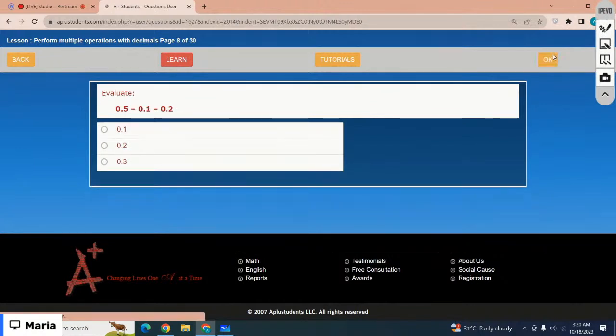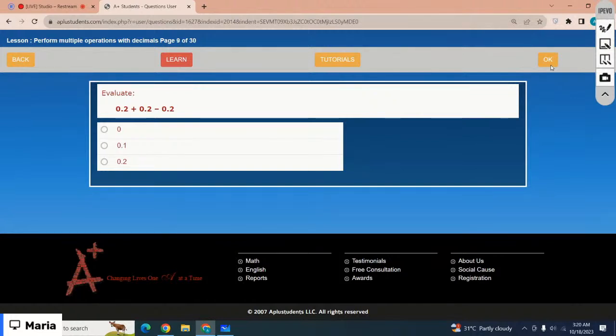Okay, the next one is evaluate, which is the correct option. When you subtract, the correct option is 0.2. They are simply subtraction. Okay, 0.2 plus 0.2 minus 0.2, which is the correct option. Now you have addition and subtraction in the same question, right? They both have same order, so you can go from left to right. First you perform the addition and then subtraction.